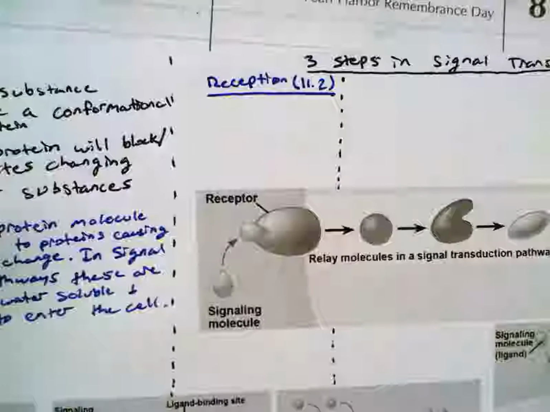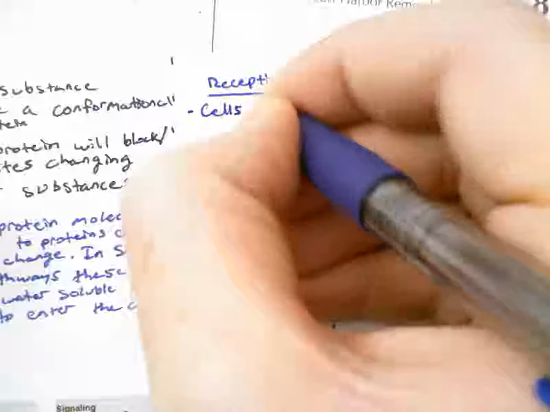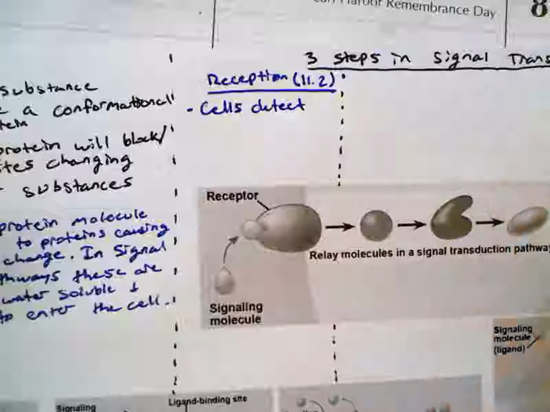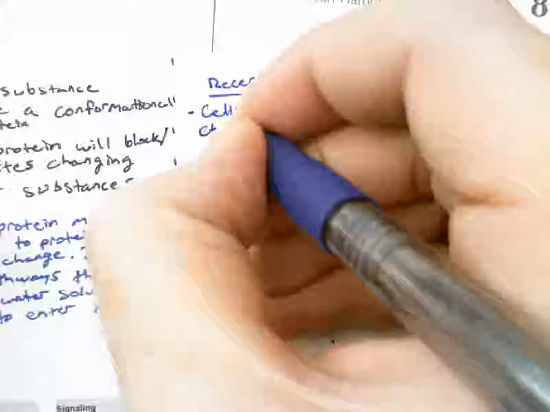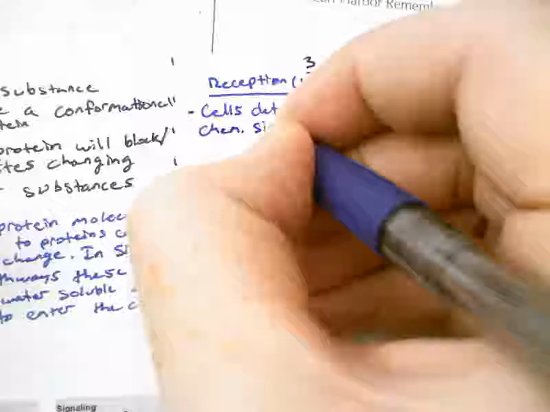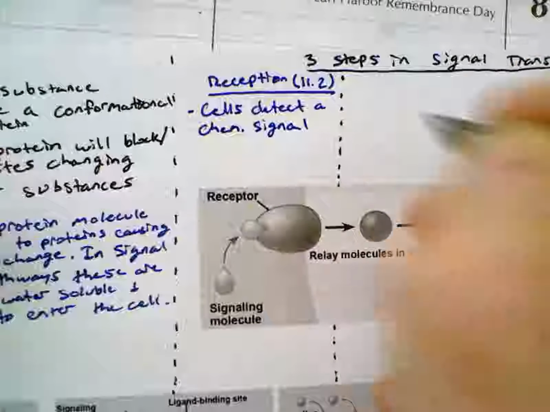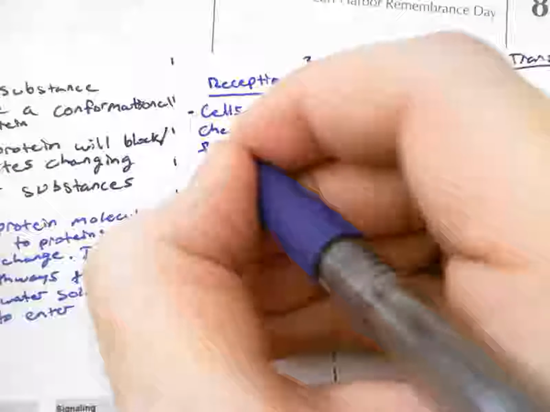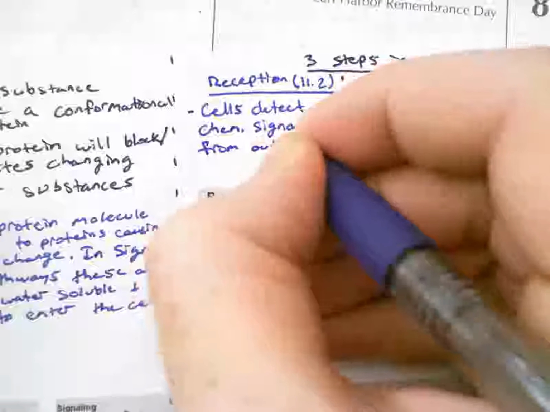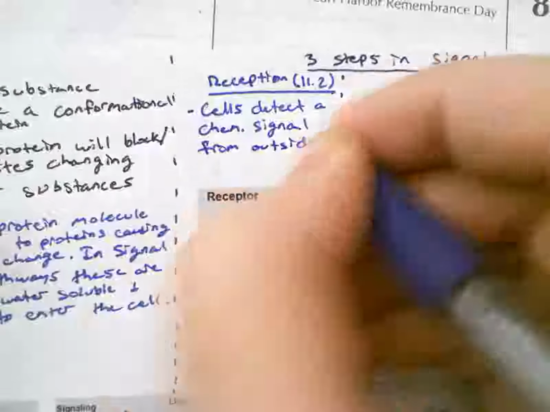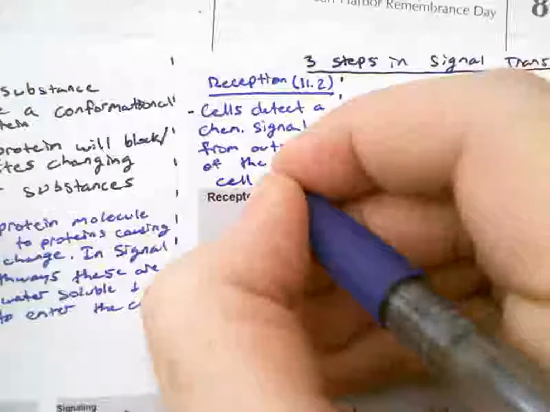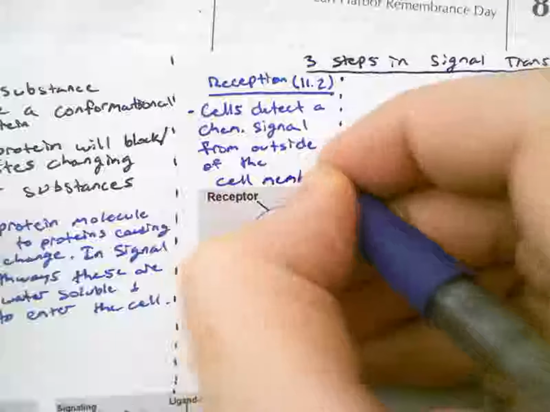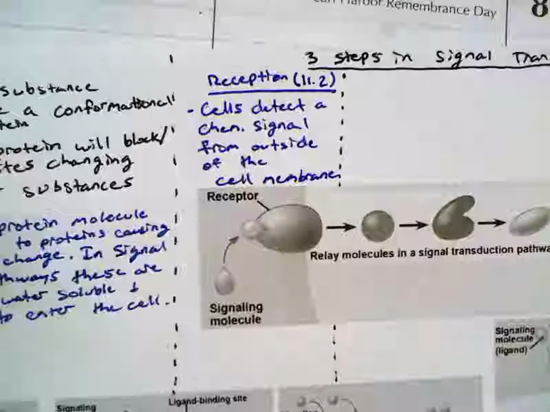What we see with reception is that the cells detect a chemical signal from outside of the cell membrane. So this would be some sort of external signaling molecule.